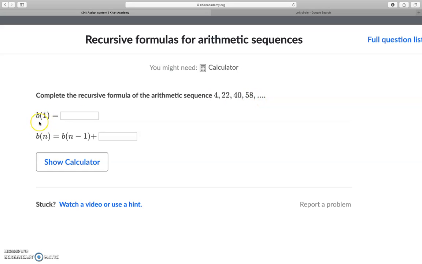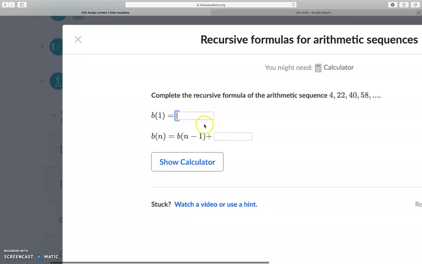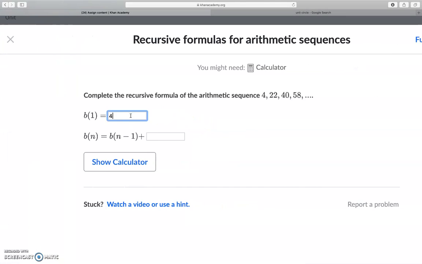So B of 1, they're asking here, what is the first term of the sequence? If I look at my list, at my sequence, I can see my first term is 4. So I'm going to write 4 in here. Again, usually I would have you guys write this whole thing: B of 1 is 4. The first term of the sequence B is 4.